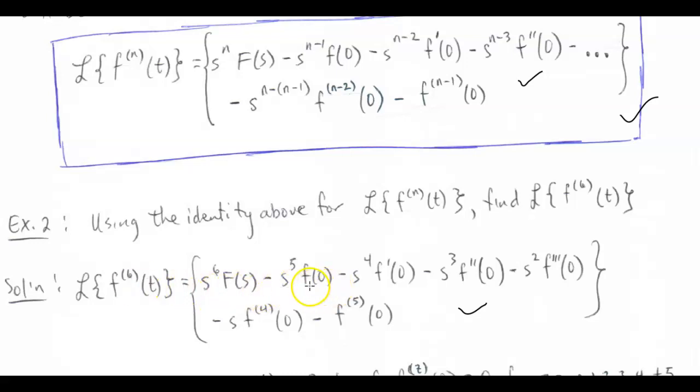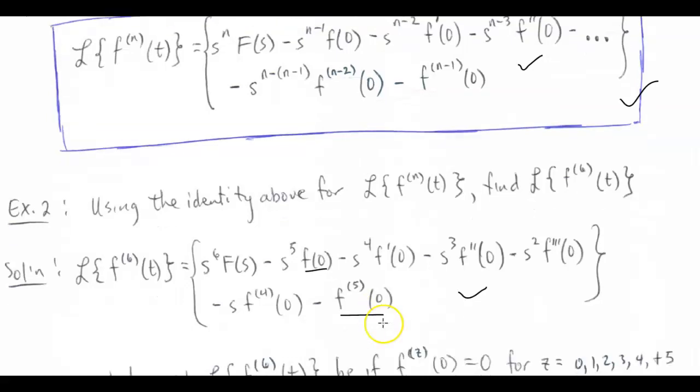Particularly, we need to know the initial conditions from f of 0 all the way to the fifth derivative of f evaluated at 0. Or we could choose some other value, but we'll mainly start off at t equals 0 for most of these.